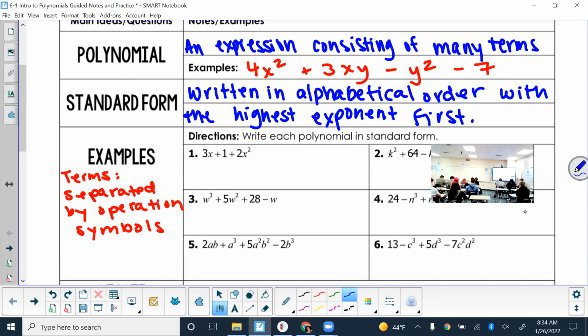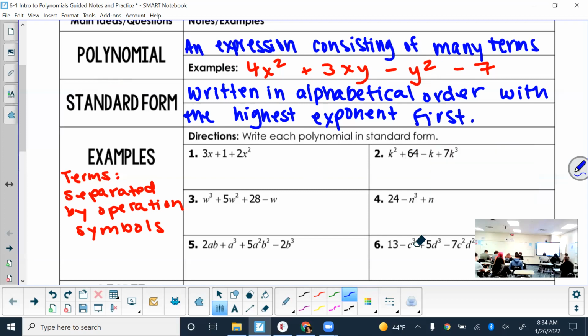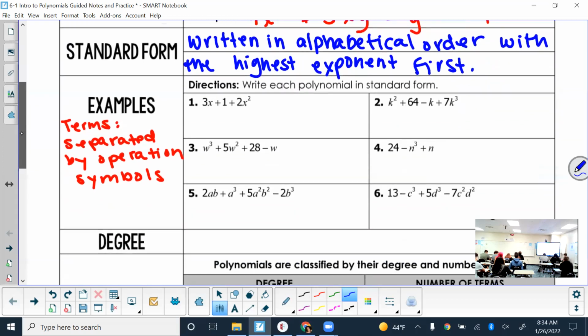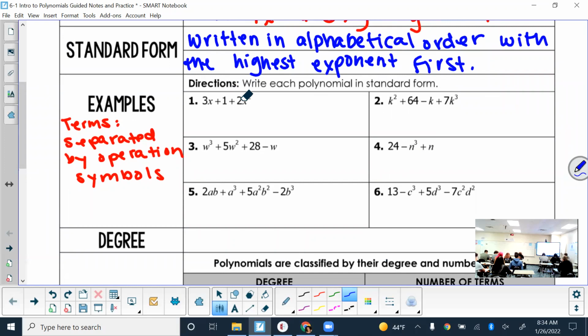All right, so then we're gonna practice writing these polynomials in standard form. So number 1, we have 3x plus 1 plus 2x squared. So the only letter that we are dealing with is what? The x. So between the terms that have x's, which one gets written first? 3x or 2x squared? 2x squared, because it has a higher exponent between the ones that have x's.